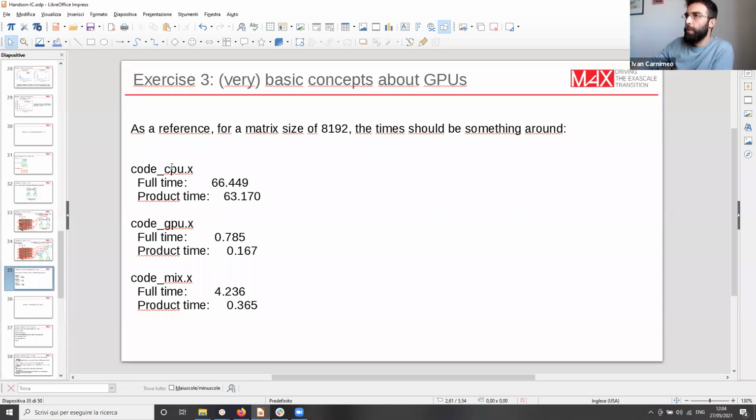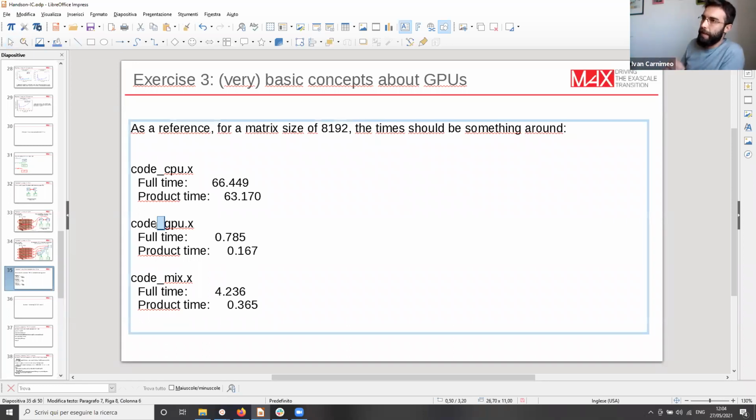Code CPU will run it using CPU cores. Code GPU will run the same DGEMM calculation on GPU, and code mix is something that I'm going to tell you. If you run the DGEMM on GPU, you can try it later on, and you will find that it will take 63 seconds.